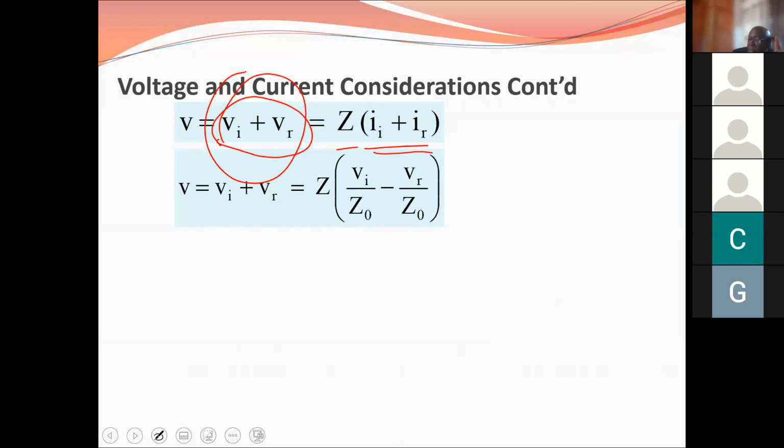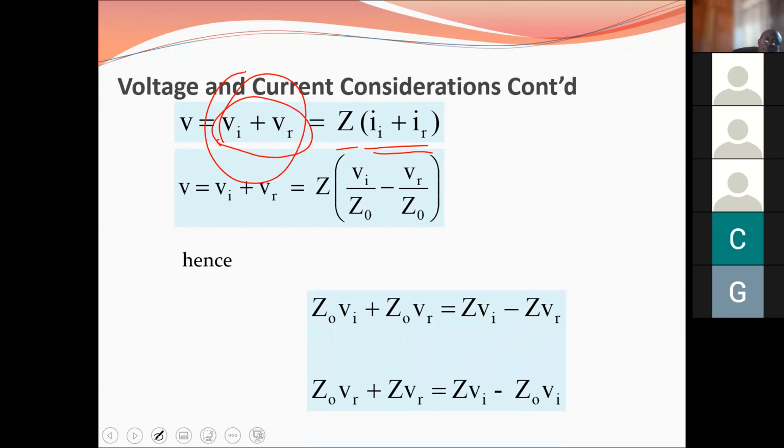And my objective here, students, is to find an expression for the reflected voltage with respect to the incident. In other words, what fraction of the incident voltage is reflected? That's what I'm trying to establish.